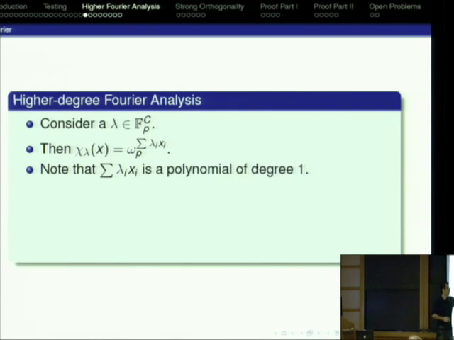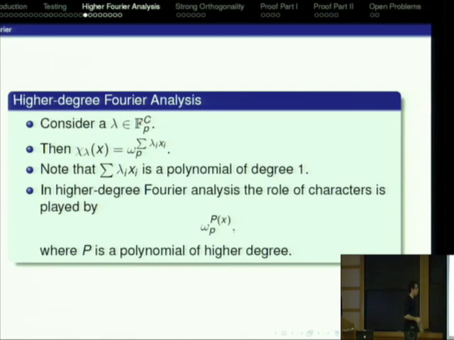So this is a polynomial of degree 1. We can think of characters as exponents of homogeneous polynomials of degree 1. In higher degree Fourier analysis, the role of characters is played by exponents of polynomials. So instead of just linear forms, we allow higher degree polynomials in the exponent.